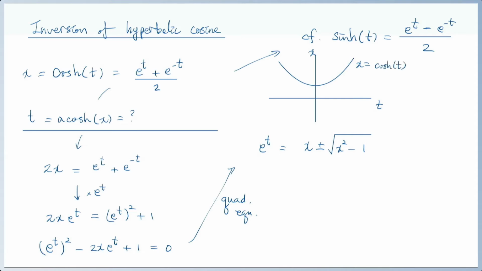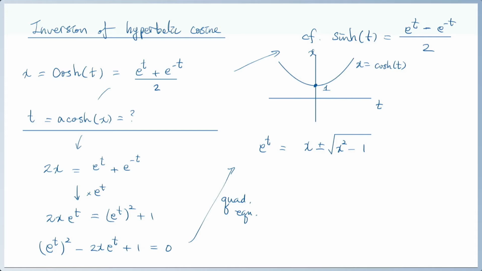Let me also point out that this has to be equal to 1 when t is equal to 0, because we get 1 plus 1 divided by 2, which is equal to 1. Now, as you can see, this function is not one-to-one. We can find two distinct points that map to the same value. So this is not one-to-one.